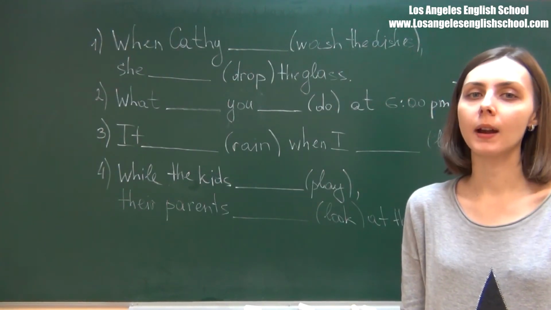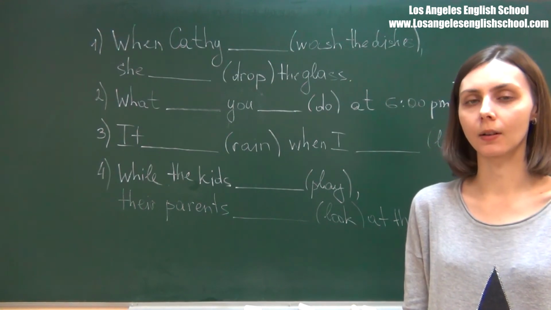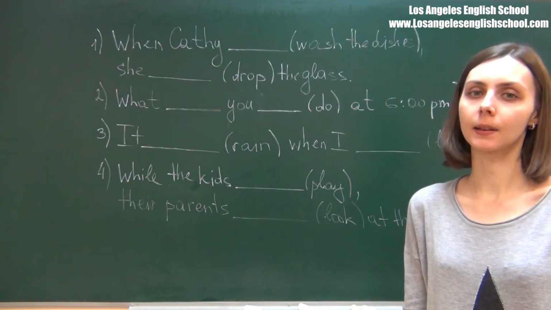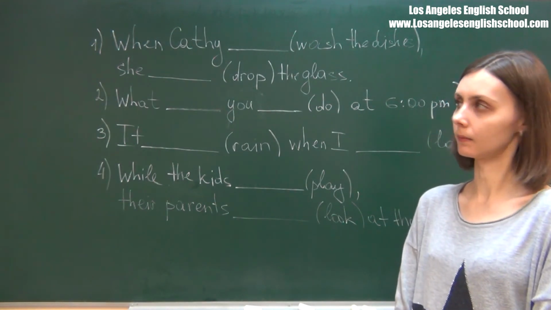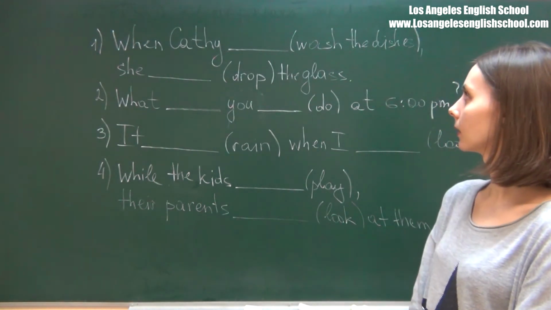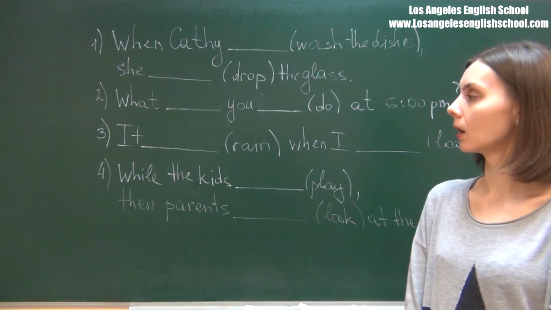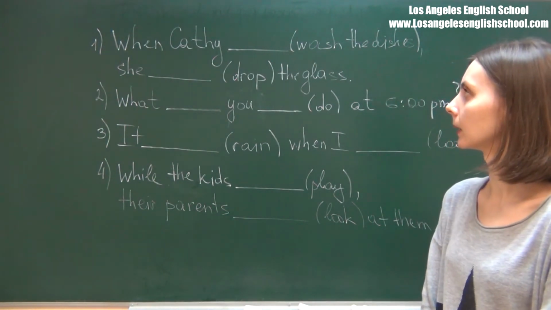Will you open the brackets and use the verbs in the correct form, either past continuous or past simple? Number 1. When Casey washed the dishes, she dropped the glass.